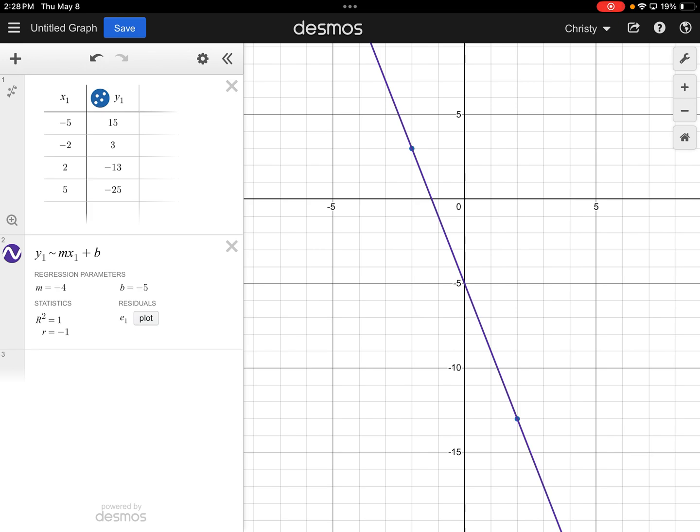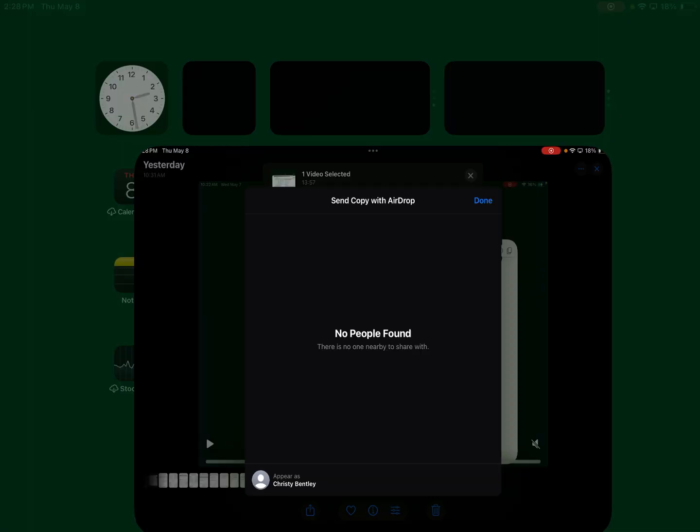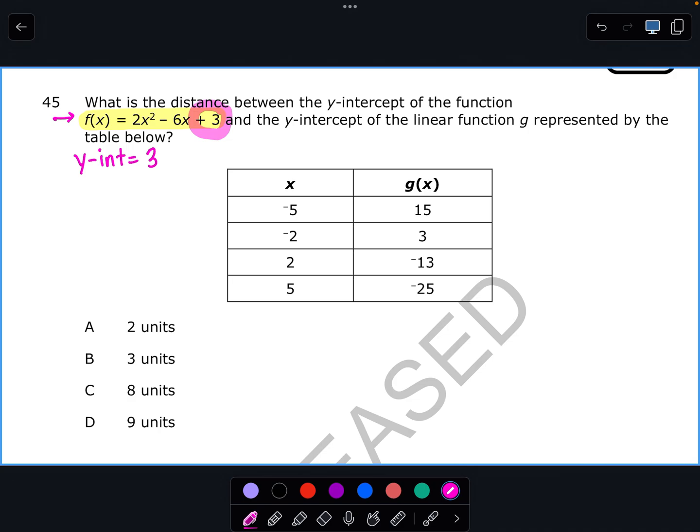If I zoom in, I can see exactly it's hitting at -5. I was on a different interval. If you look in the box where we've done our calculation, the y-intercept is -5. You can also click on the graph and see the y-intercept of the line. So the y-intercept of the linear function equals -5.